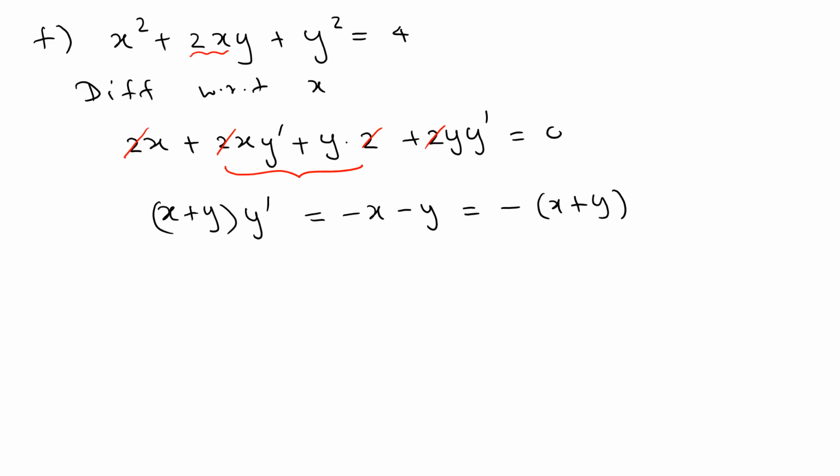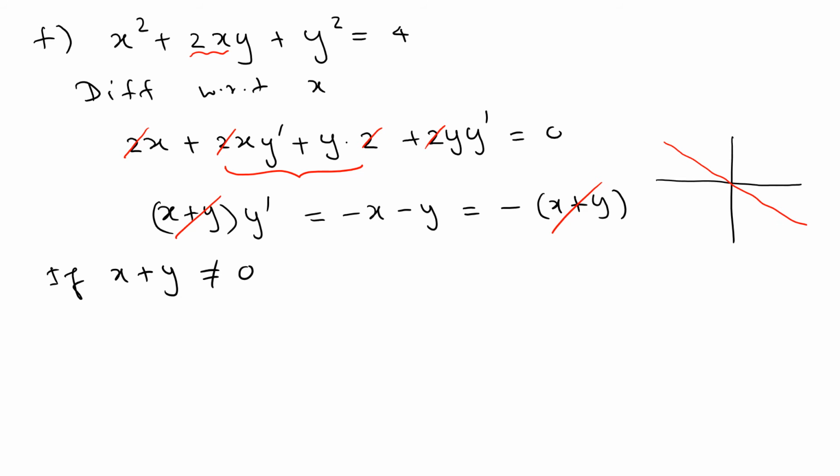If x plus y is not equal to 0, you can cancel that term. Because if x plus y equals 0, you cannot cancel, since that would be dividing by 0. So what we are doing is not valid for any point on the line y equals negative x. If you have anything on this line, this formula is not valid.